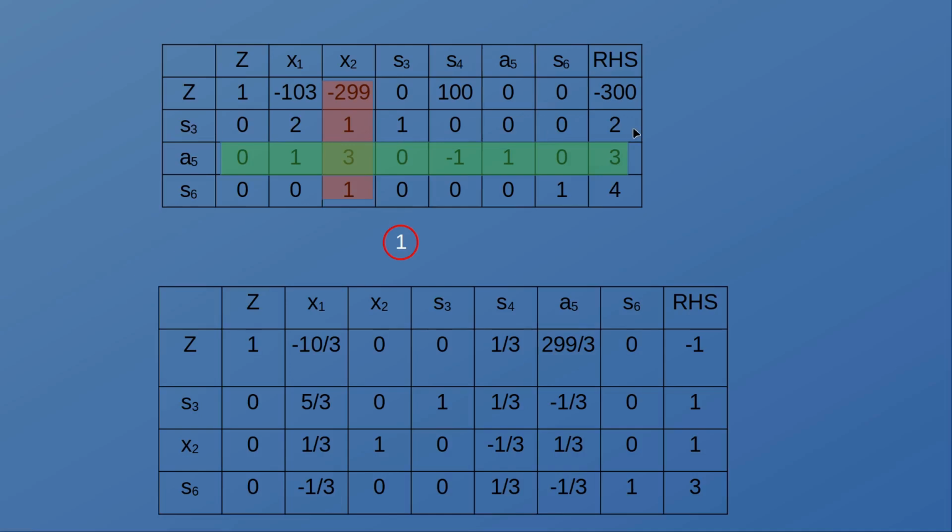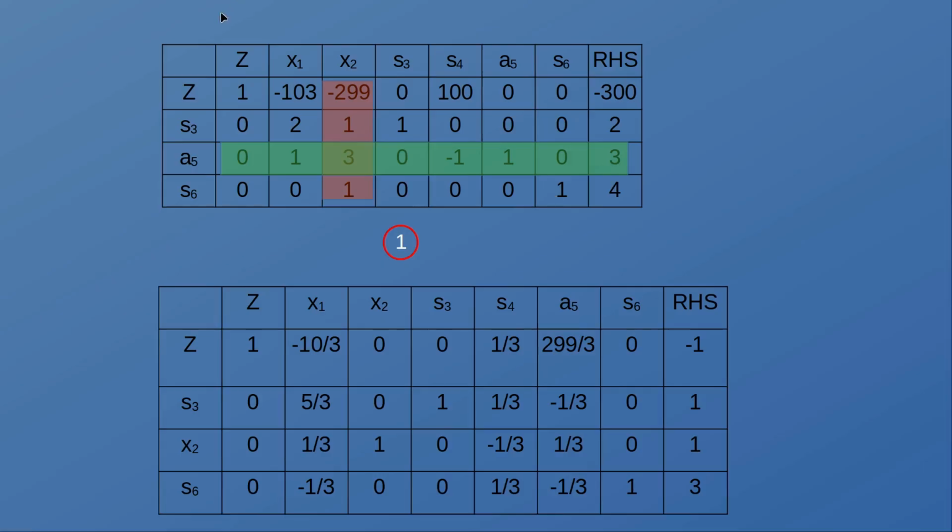Obviously, s3 is going to be 2, A5 is going to be 3 and S6 is going to be 4. As I said, basic variables are variables for which values have to be assumed. So I have taken S3 as 2, A5 as 3 and S6 as 4. Yes, a repetition has been done here only to cement the idea in your minds of what is a basic variable and what is a non-basic variable.